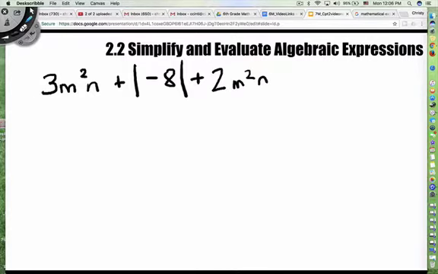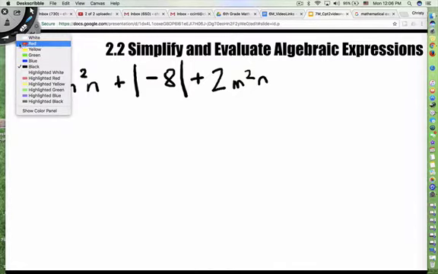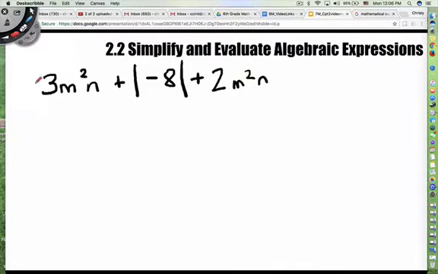Okay, so what are we going to do first? Let's go ahead and take care of this absolute value sign. So we'll rewrite it: 3m squared n plus the absolute value, which means how far away is negative 8 from 0. It is 8 places away, plus 2m squared n.